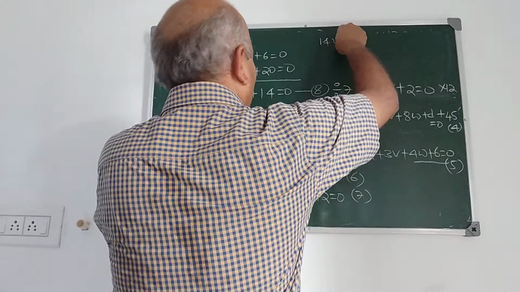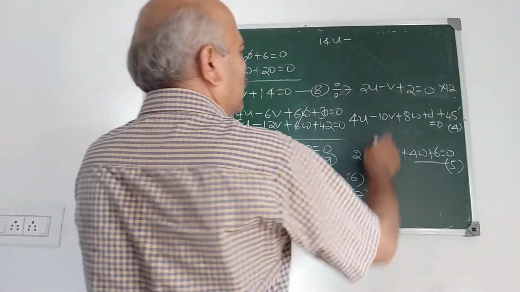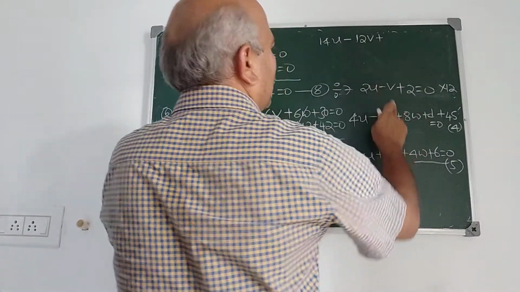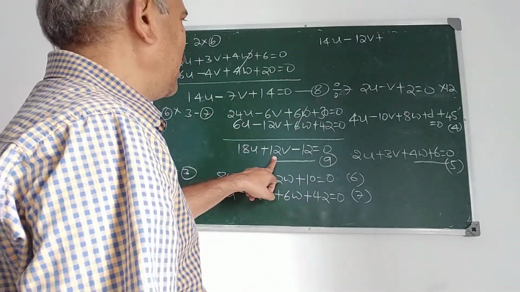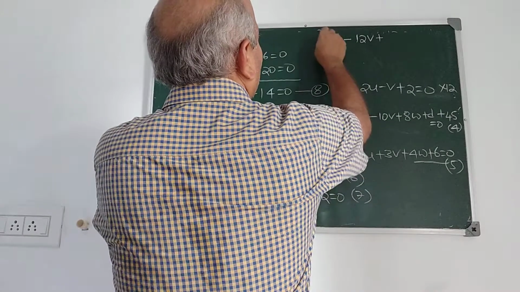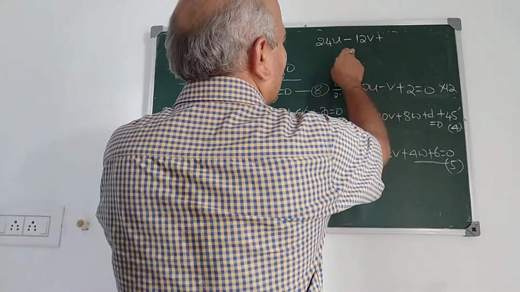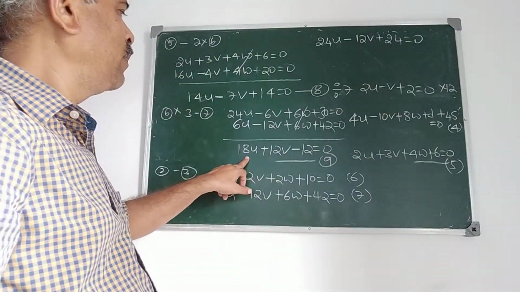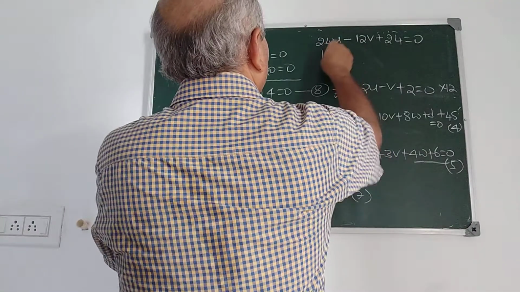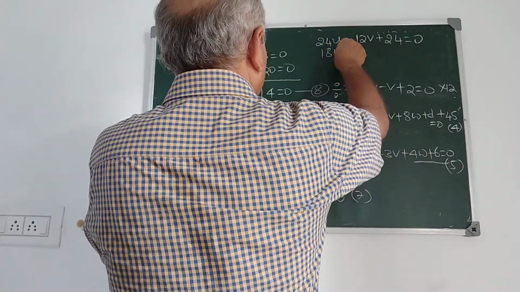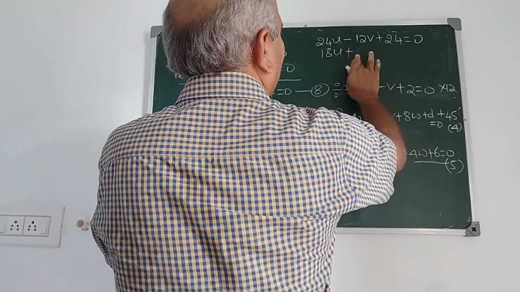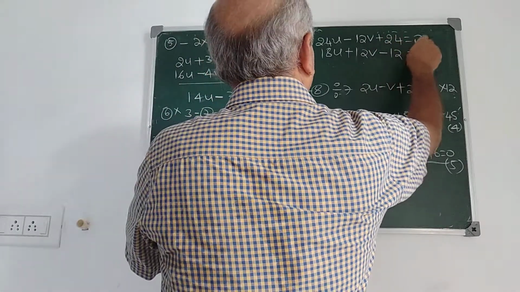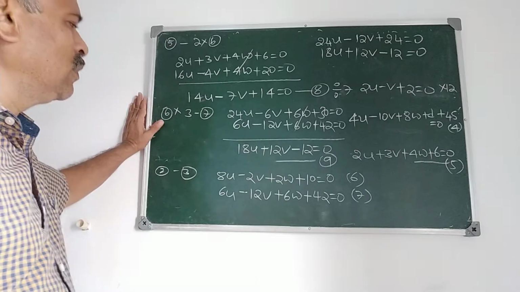Multiply by 12. What do you get? 14u minus 12v plus multiply by 12, 12 into 2, 24u minus 12v plus 24 is 0. And this is 18u plus 12v minus 12 is equal to 0.